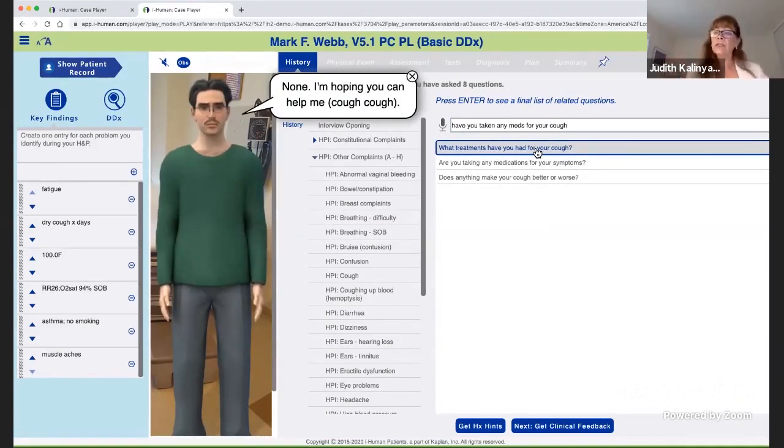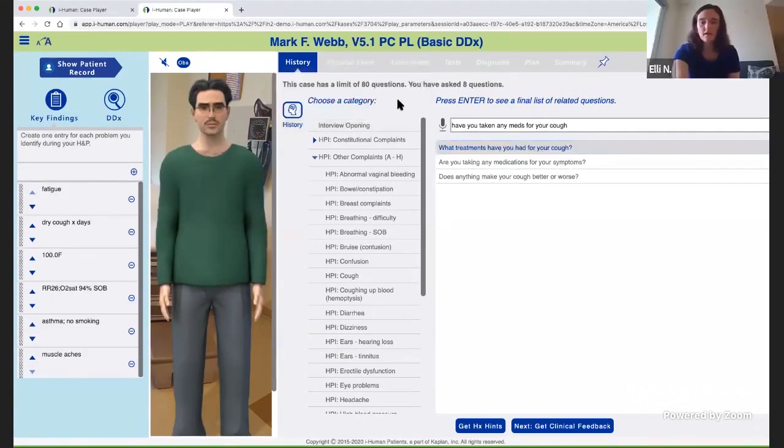Learning how to phrase things slightly differently increases your repertoire on communicating with your patient. But no, he's not taking any particular medications. He's just coughing, and he even coughs for us. So what else do you want to know? Should we continue with cough, or should we work on something else? There was that question of, does your cough come from your chest or your throat?